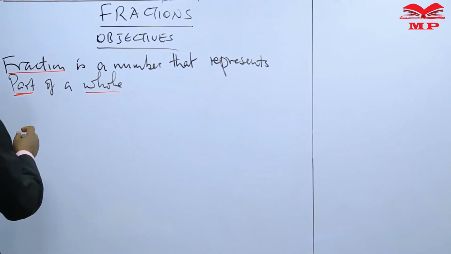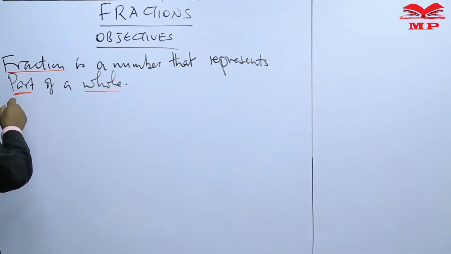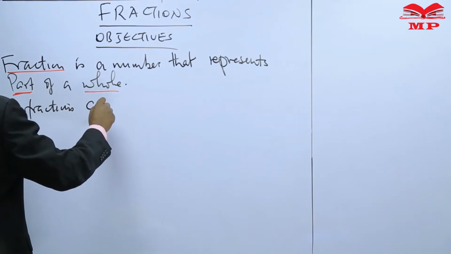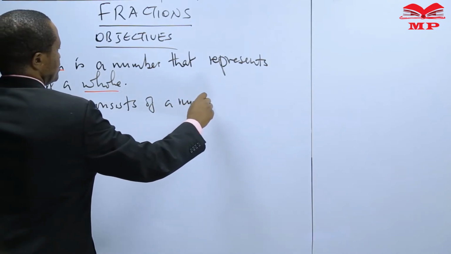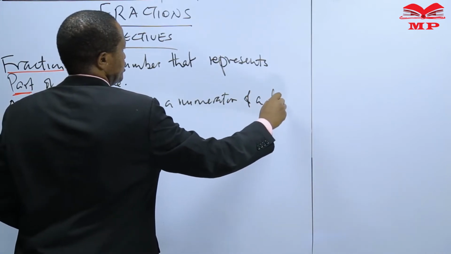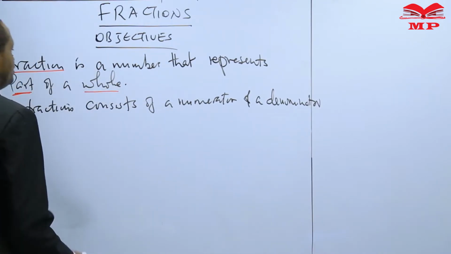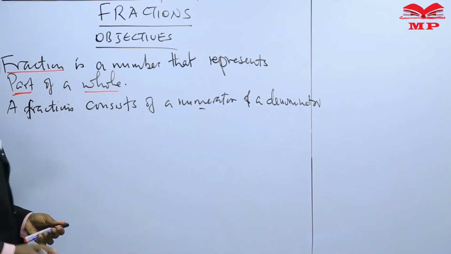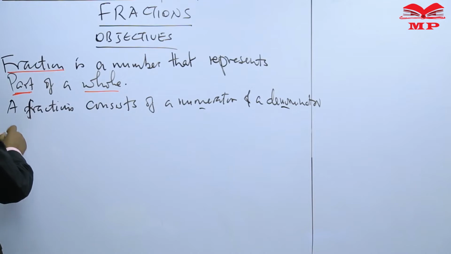A fraction consists of a numerator and a denominator.